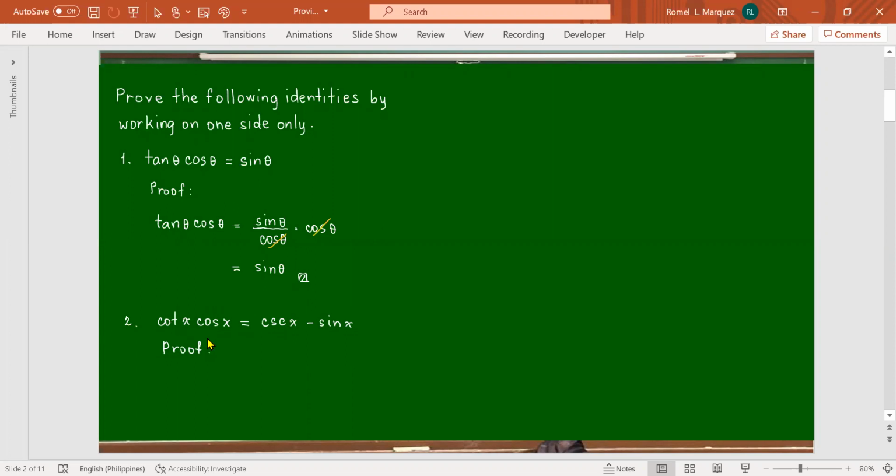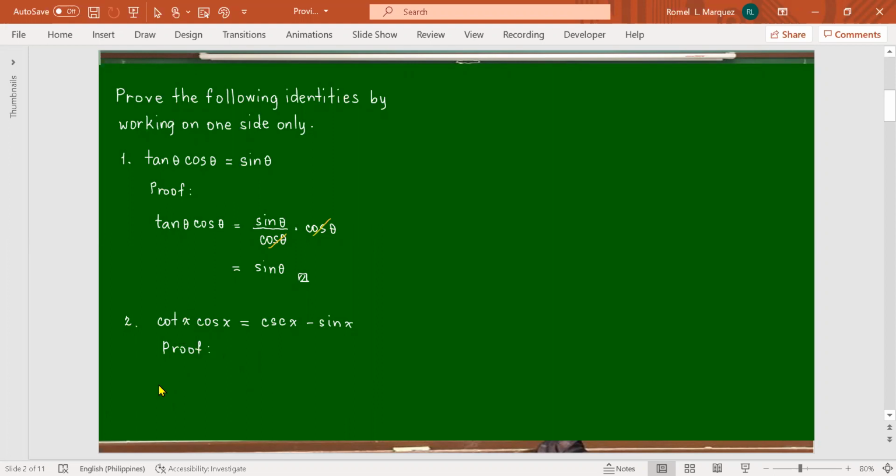To prove this working on one side only, we have to decide which one is easier to work with. Actually, any of these sides. If we choose the left side to work with, we have to express that in terms of difference. If we're going to choose the right side, our goal is to what? To express it in terms of product.